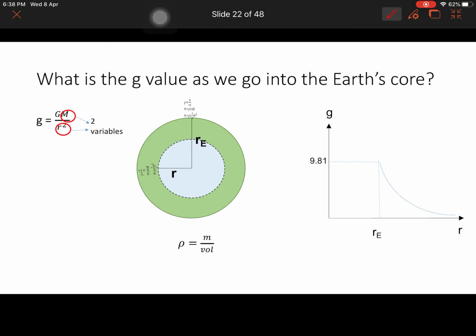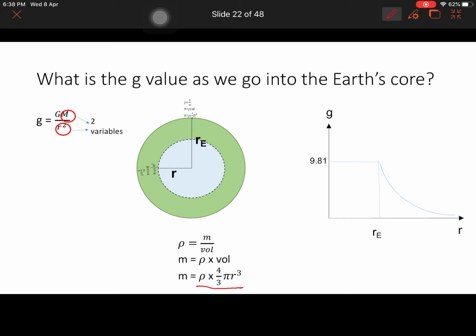So you know the formula, density equals mass over volume, right? So the density of the Earth, we assume it to be constant. So mass would be density times volume. How do I find the volume of the Earth? It's a sphere, so it's going to be 4 over 3 pi r cubed.